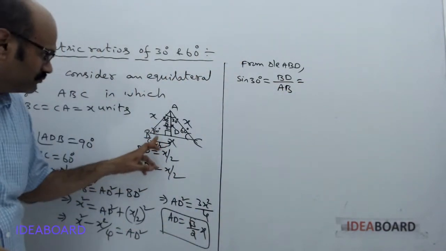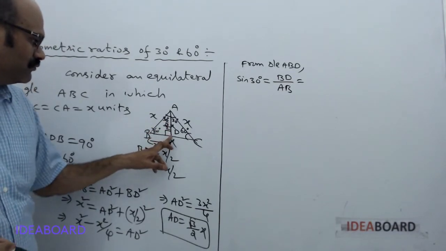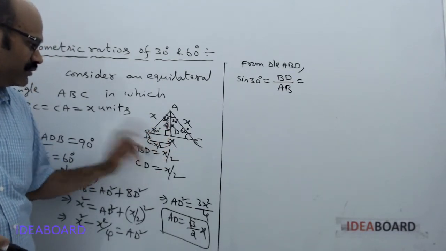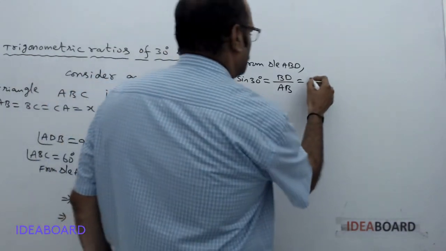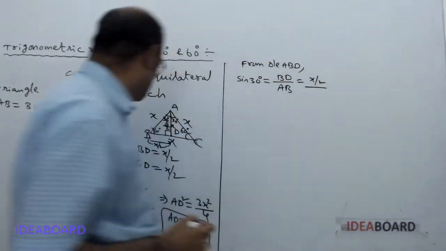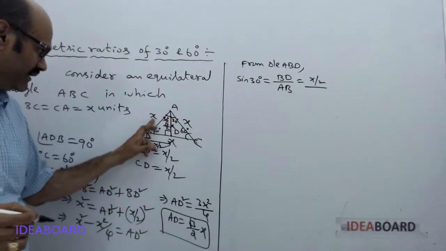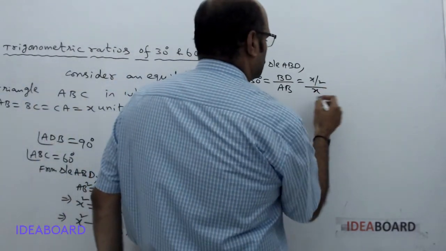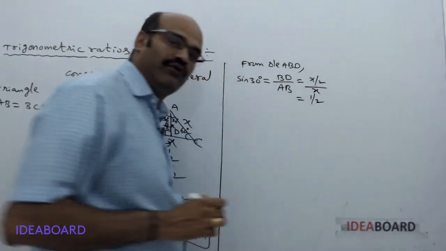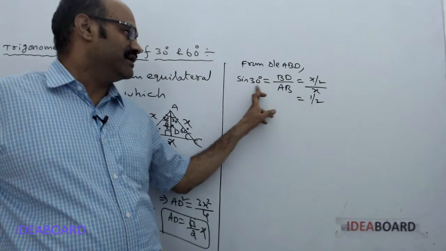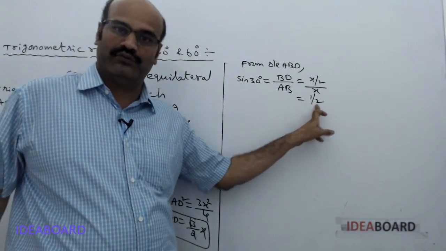BD equal to x by 2, whole by AB equal to x, so equal to 1 by 2. Therefore the value of sin 30 is always equal to 1 by 2.